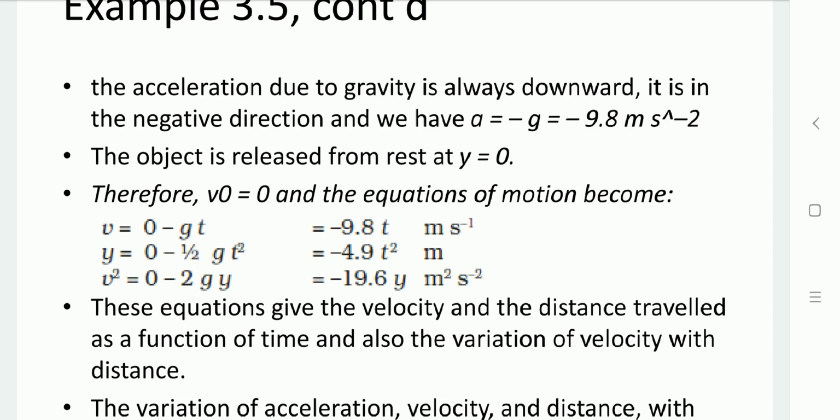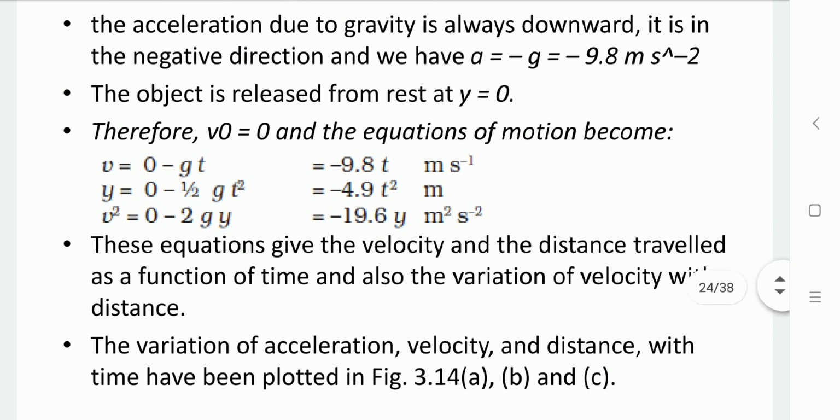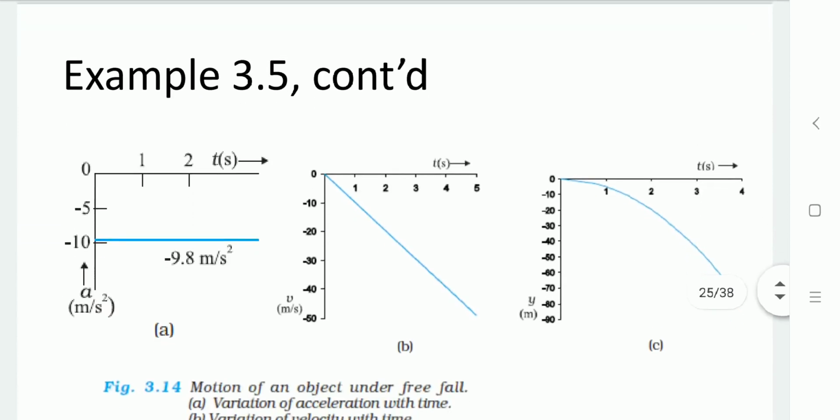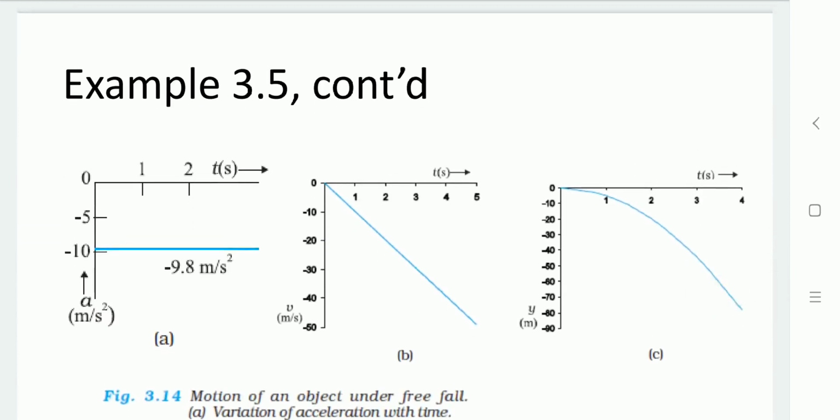Here, if we plot the variation of acceleration, velocity and distance with respect to time, we have this graphical representation. The first graph shows the variation of acceleration with respect to time. Under free fall the acceleration is constant, due to the gravitational force, so it is a straight line. The second graph shows the variation of velocity with respect to time.